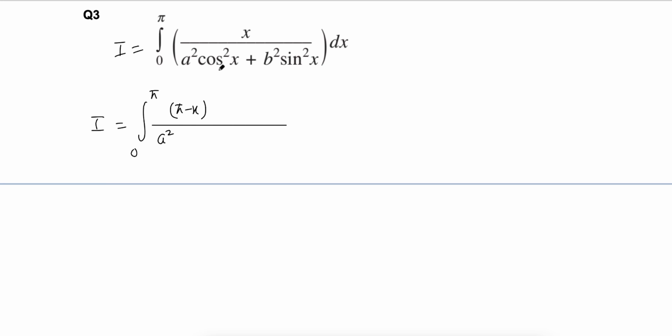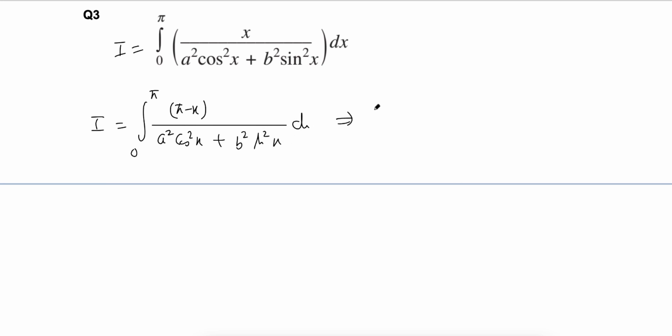What is cos pi minus x? Minus cos x, but the whole square is there, so cos square x, plus b square sin pi minus x. Sin pi minus x is what? Sin x. So b square sin square x dx.